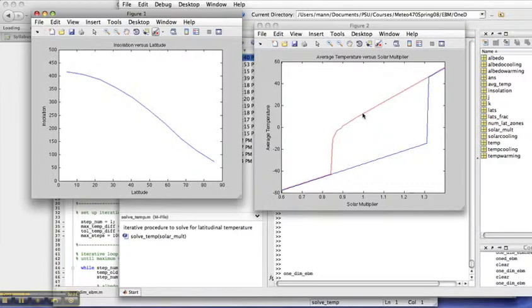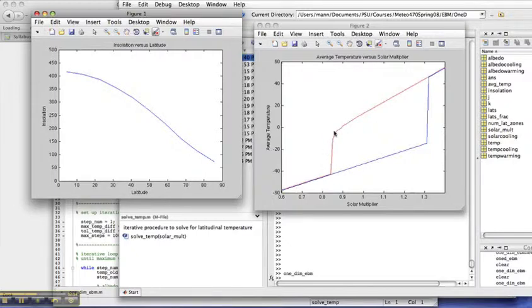And as we decrease it further, the temperature, of course, decreases, but something very interesting happens. Suddenly, we reach a critical point where the temperature drops quite rapidly to well below freezing, and of course continues to drop further as we lower the solar multiplier further.